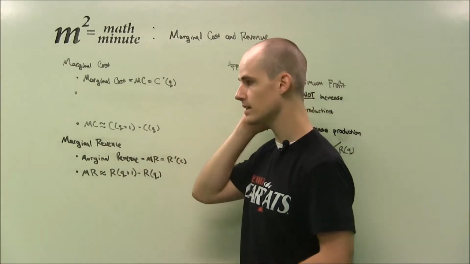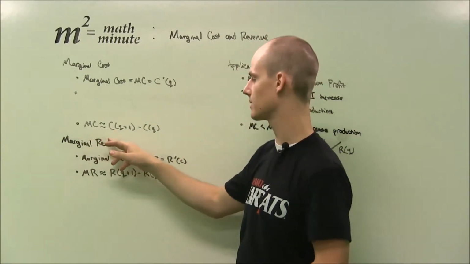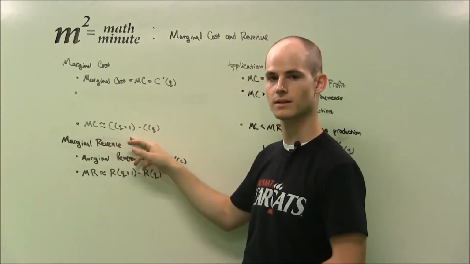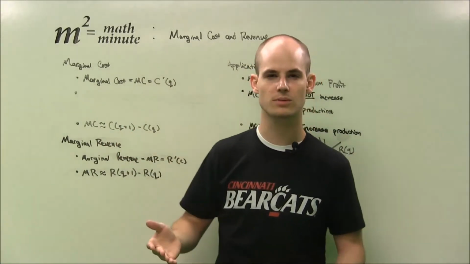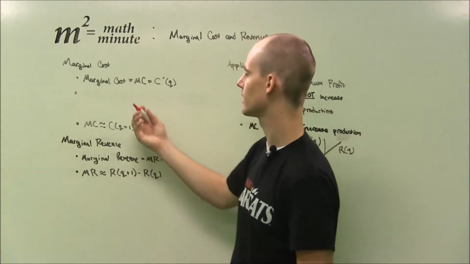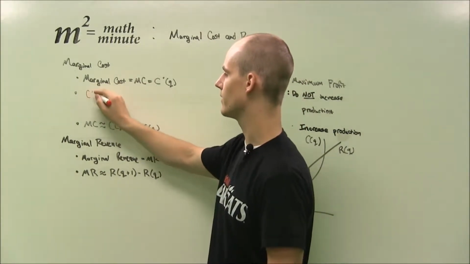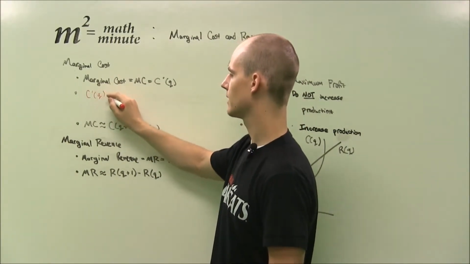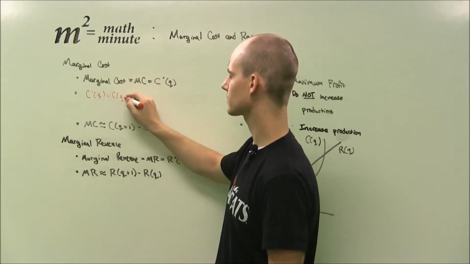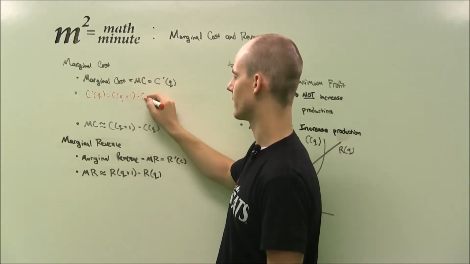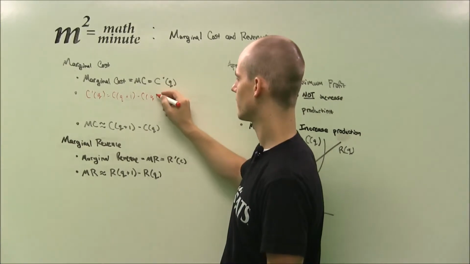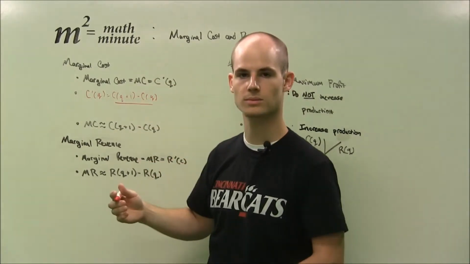Now if you see here, I have this written: MC is approximately C at Q plus 1 minus C at Q. Now that should look pretty familiar. It should look like when we estimated a derivative at the very beginning of the class. If you remember this, we took 2 points that were very close together, and we found the slope between the two.